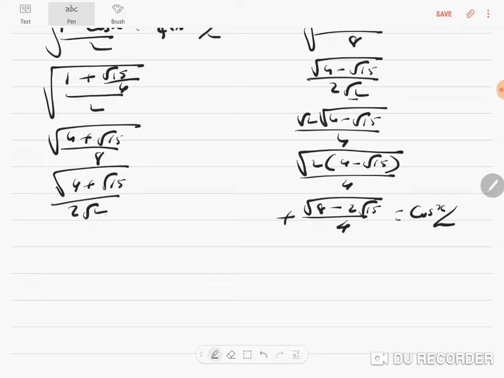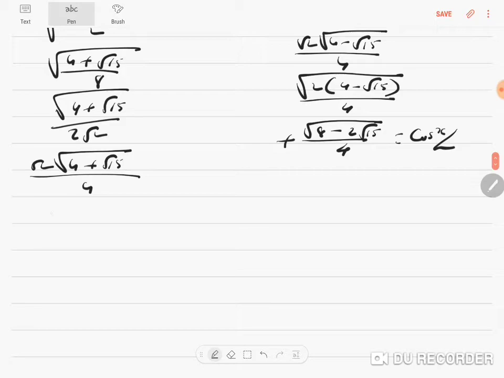On rationalizing, this will become root of 4 plus root 15 into root 2 by 4. You can take the whole root inside, you'll get root of 8 plus 2 root 15 by 4. This is sin x by 2, and this answer also will be positive because it's in the first quadrant.